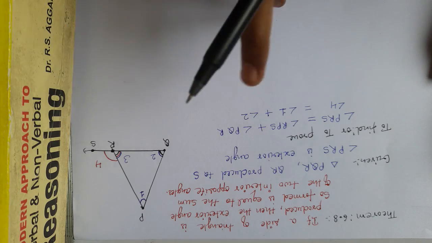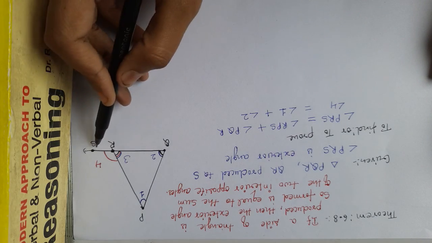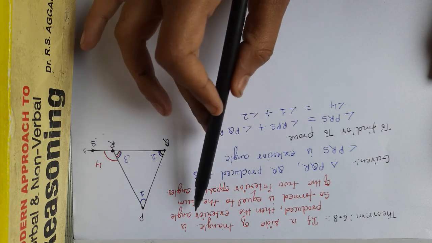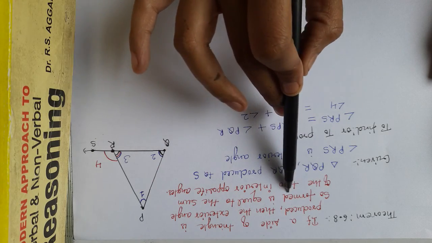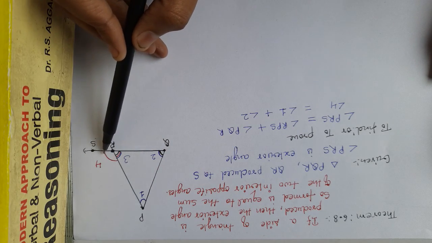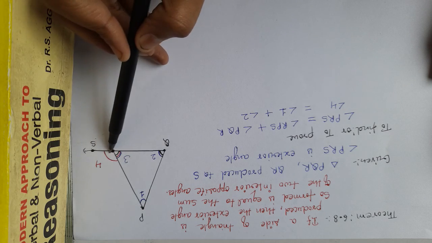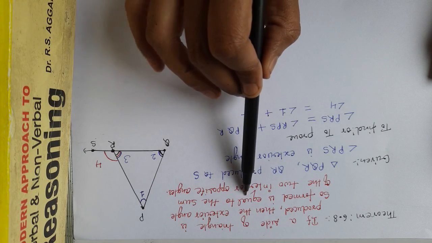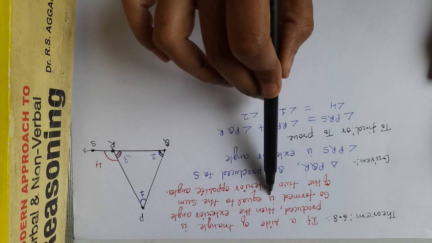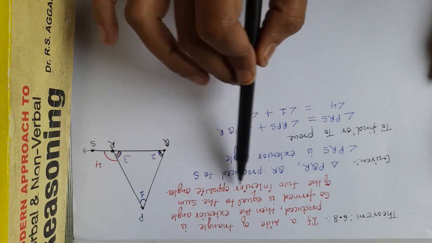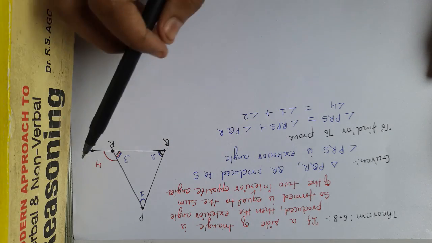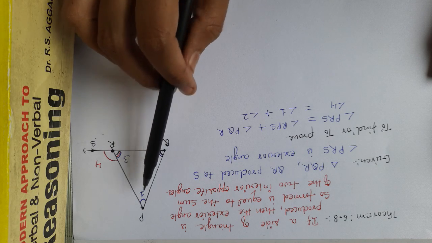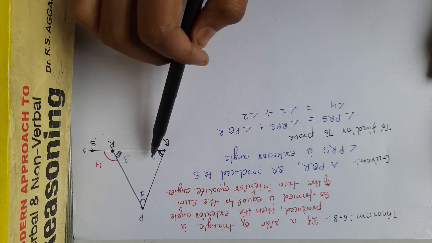QR is produced to S, that is point S. Then an exterior angle is formed, that is PRS, which is equal to the sum of the two interior opposite angles. This exterior angle is equal to the sum of these interior opposite angles.